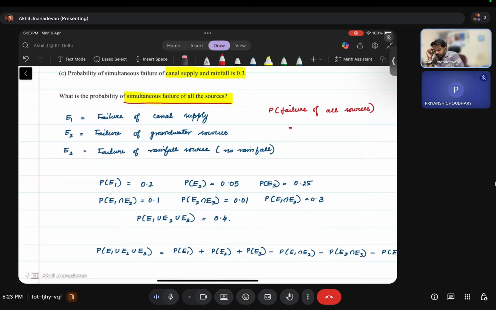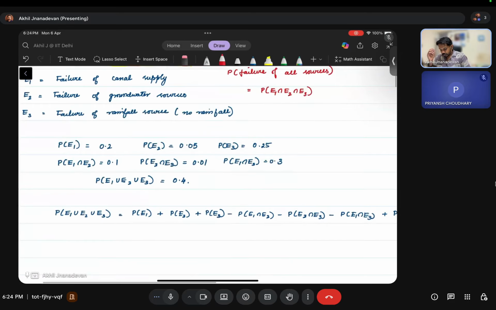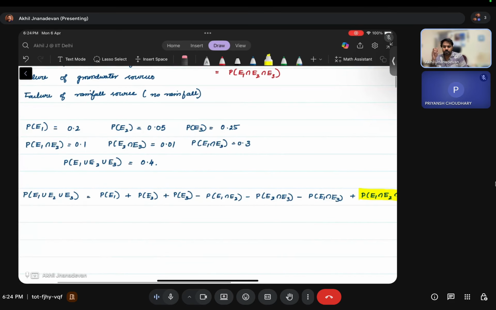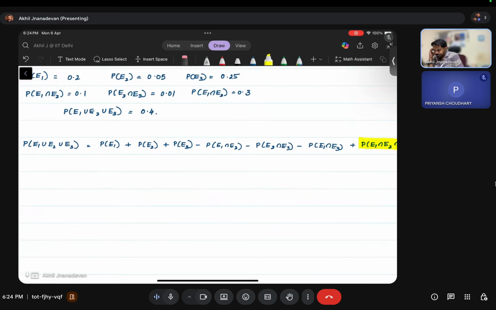That will be given as probability of E1 failing and E2 failing and E3 failing, right? So this particular term is something that we need to find. All other terms are already given in the question. It is simple substitution now. Just substitute these values.